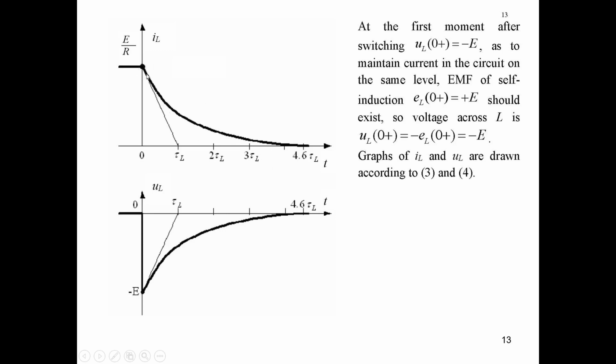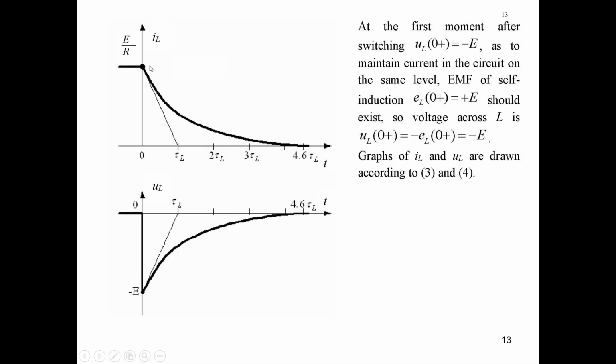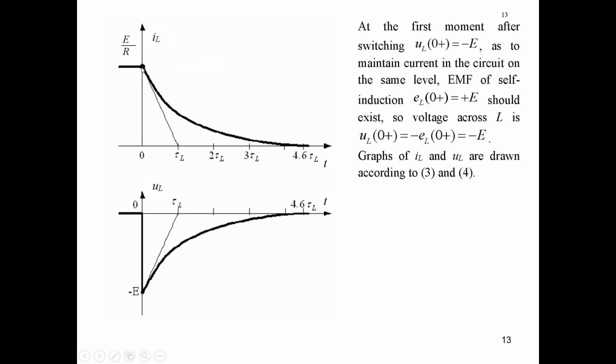At the moment t equal to 0, at the moment of switching, we have a smooth transition from the value E over R. It is the same at t less than 0 and the same at the first moment t equal to plus 0. The same value, okay?